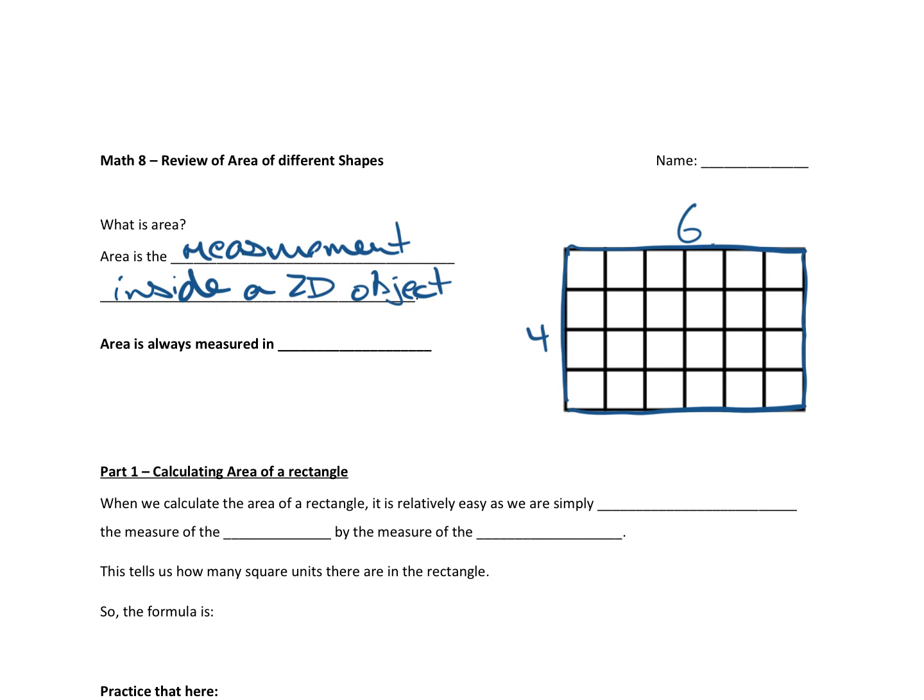I could go 1, 2, 3, 4, 5, 6, 7, 8, 9, 10, 11, 12, 13, 14, 15, 16, 17, 18, 19, 20, 21, 22, 23, and then 24. Okay, so I have 24 units squared.